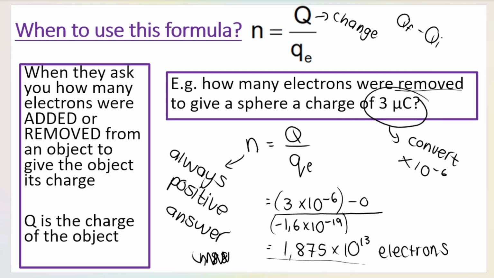So imagine an object has a 0 charge initially, that's why it's minus 0. We remove electrons and the final charge is this. But because it's 0, we don't need to include it there. Okay, I'm just showing you that. So if they ask how many electrons were added or removed, or how many electrons are in excess, or how many electrons are in deficit, the Q that you use is basically just the charge of the object.